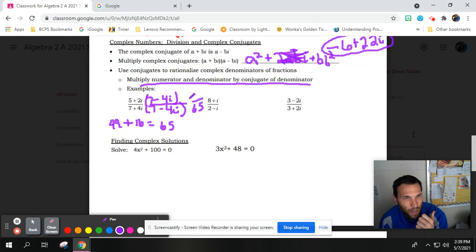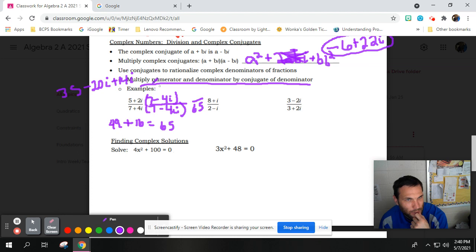On the top, this is FOIL: 5 times 7 is 35. Then 5 times negative 4 is negative 20i. 2 times 7 is 14i.